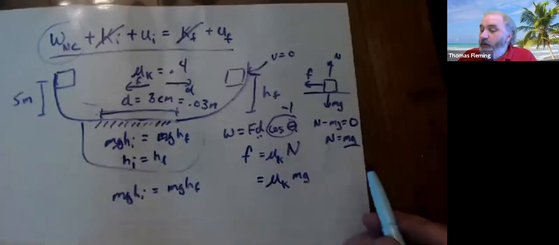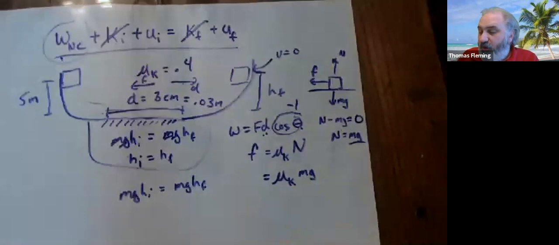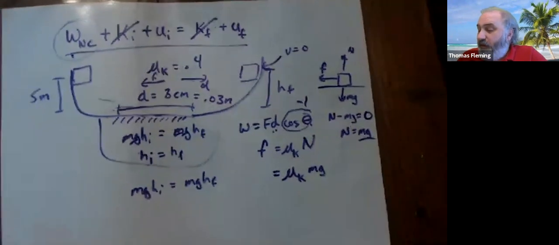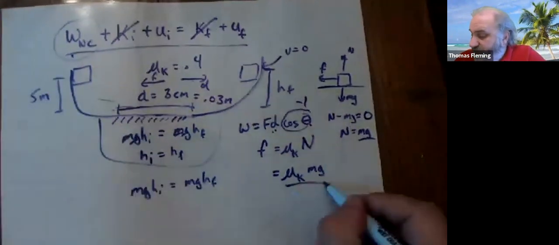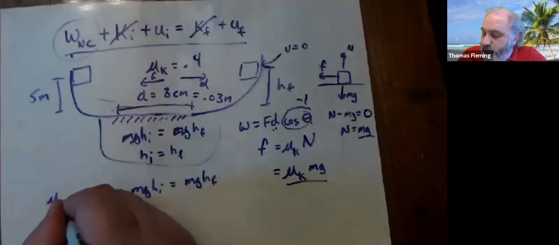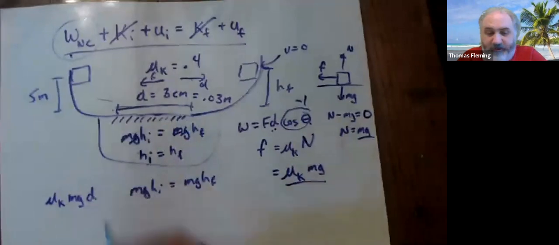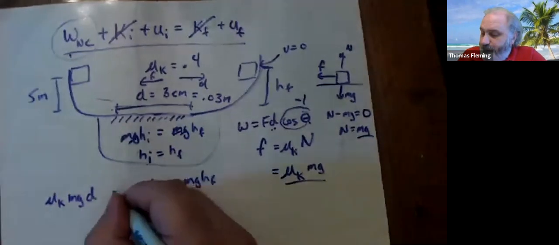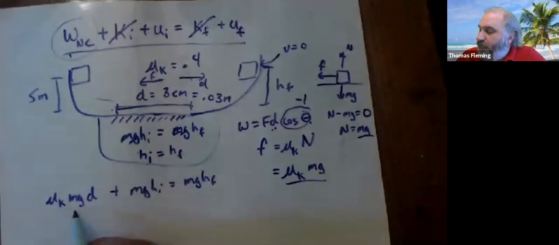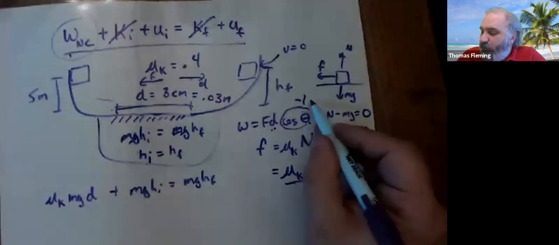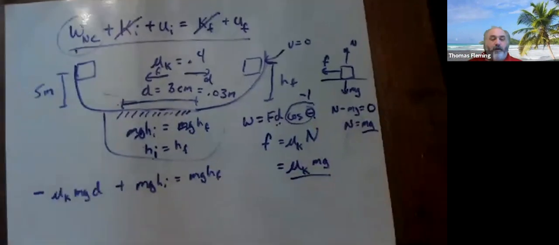So now, if I'm doing WNC, the work done by the non-conservative forces, it's going to be the force of friction, this, times the distance, d. However, it's times the cosine of 180, which is -1, so it's got a minus sign.